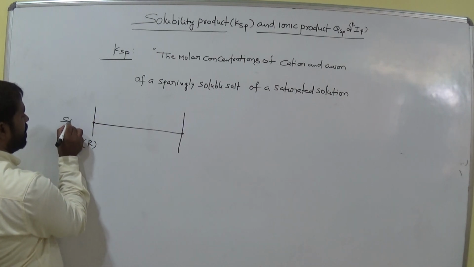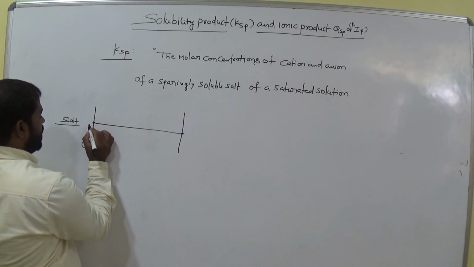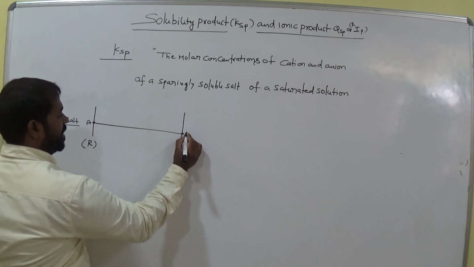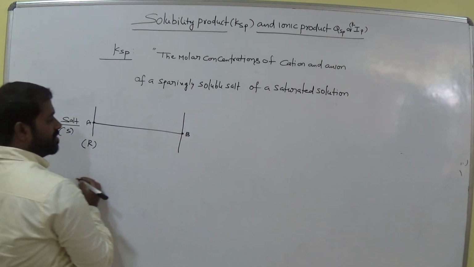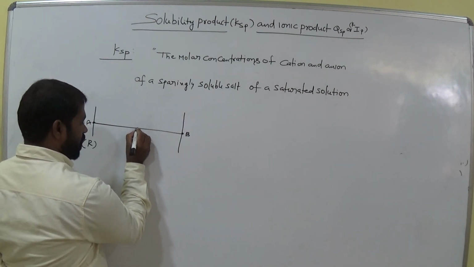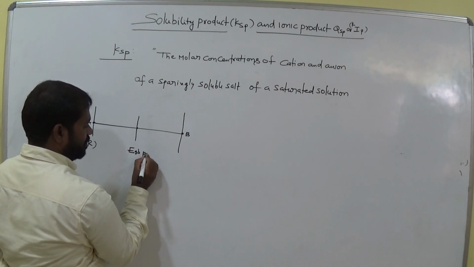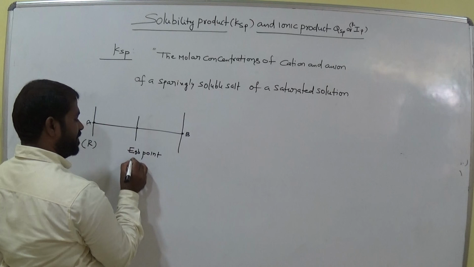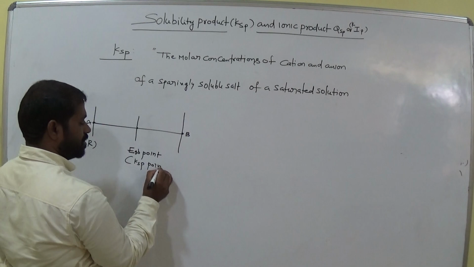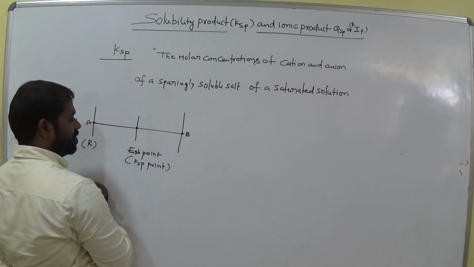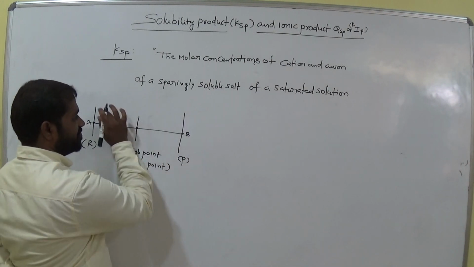Suppose a salt, which is sparingly soluble, at this point is point A, and this is point B. Now this midpoint is called the equilibrium point, that means the solubility product KSP point. Am I right? Clear? And this one is product. This is forward, this is backward.